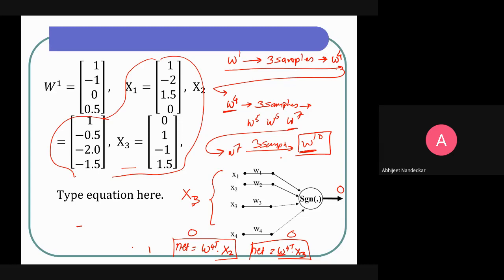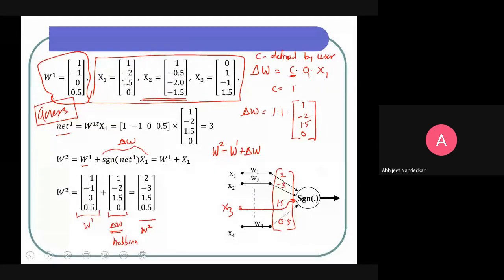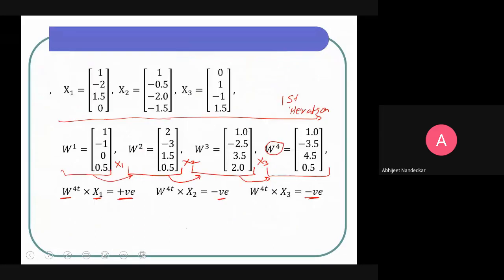If you wish, you can use this example and do your own iteration one more time. Would you like to do it? Use W4 as the initial weight that you have calculated. Here I am giving you W4.